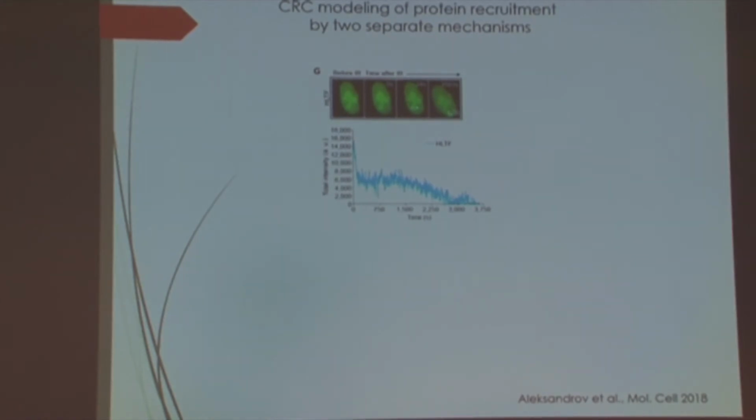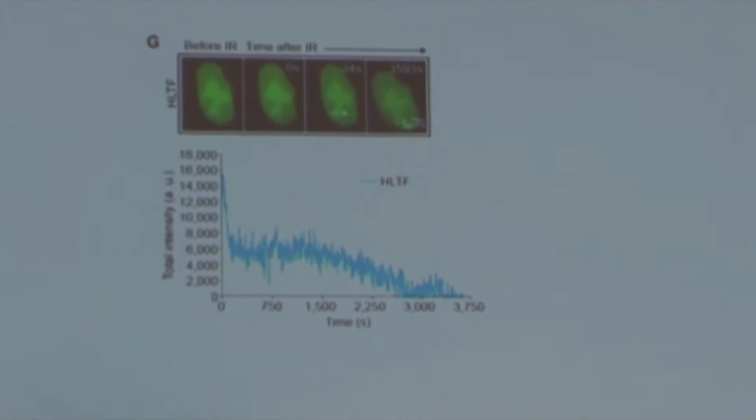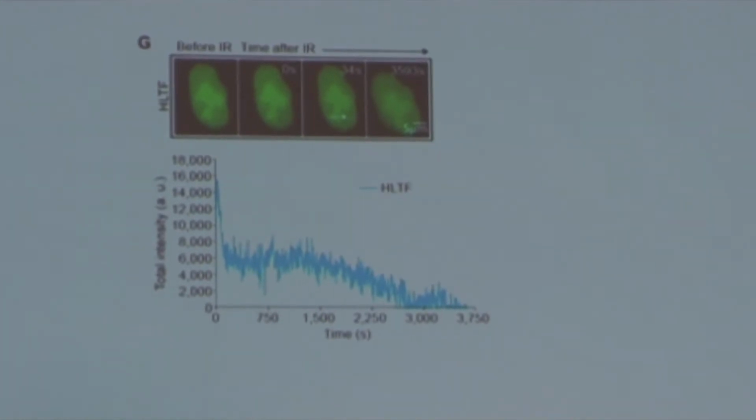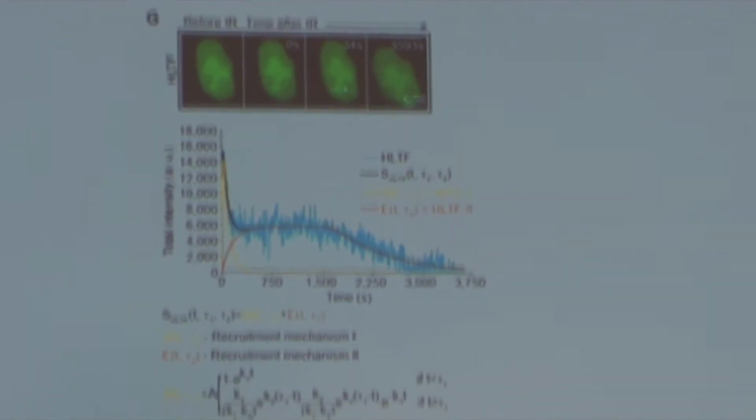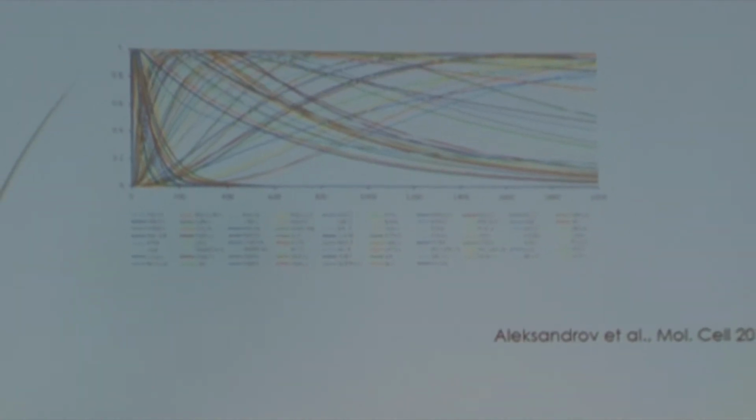Some proteins are recruited by two or more separate mechanisms, and we can fit two or more CRC models to have separate kinetics of the recruitment.